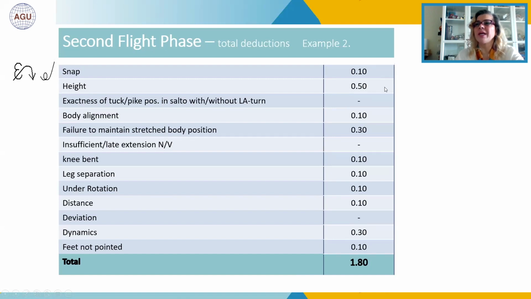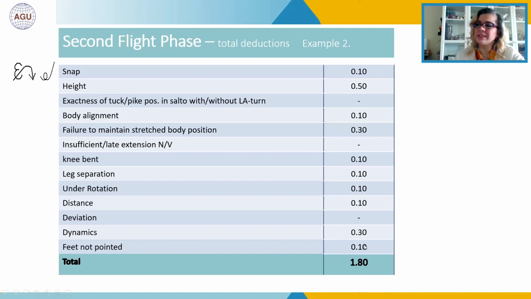She was quite low, and 0.5 for the height. She had 0.1 for the body alignment. She had 0.3 for failure to maintain stretched body, which is piking too early, and also 0.1 for bent knees, 0.1 for leg separation, 0.1 for under rotation as she stepped forward to finish her rotation, and 0.1 for the distance, no deduction for deviation, 0.3 for dynamics, as you could see, and 0.1 for feet not pointed.